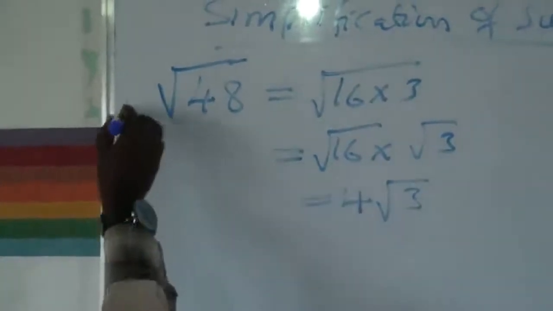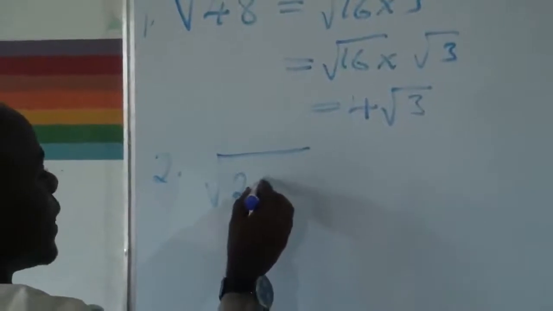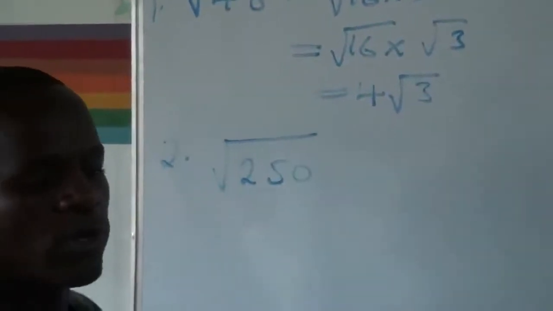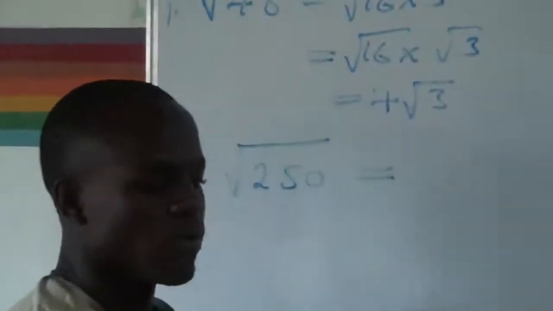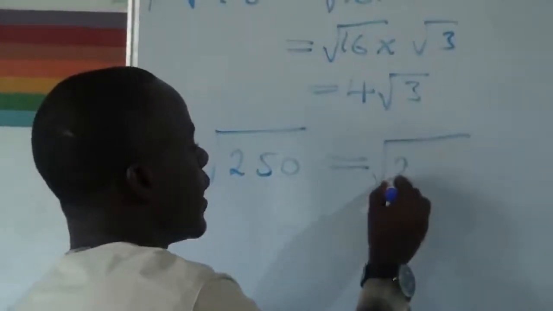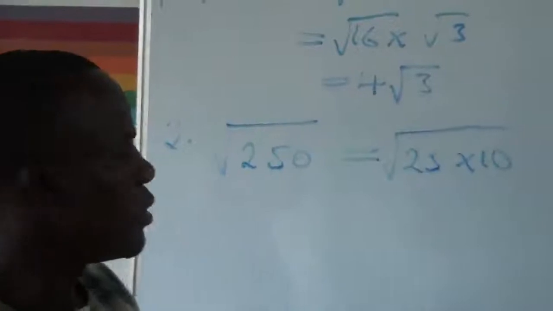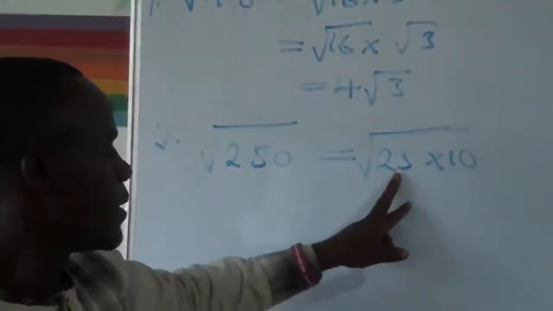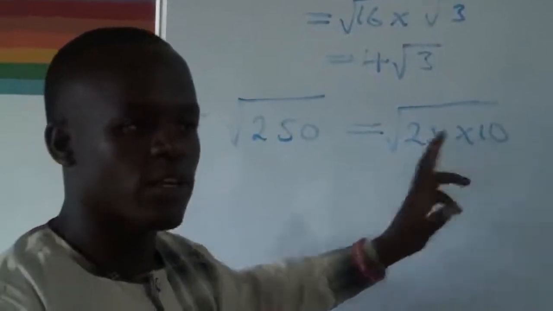Let's take another one. I have square root of 250. What are those two numbers that will give us 250? We have 25 times 10. Check this one too. 25 here is a perfect square. 10 is not a perfect square.